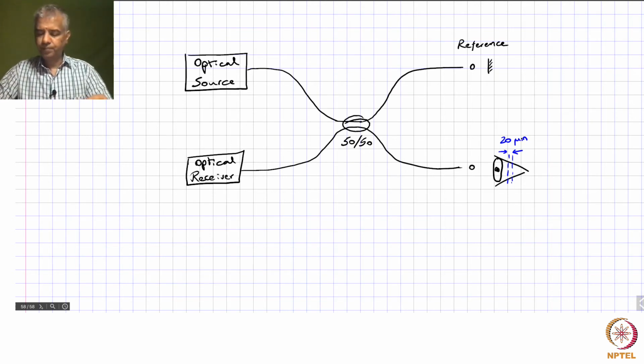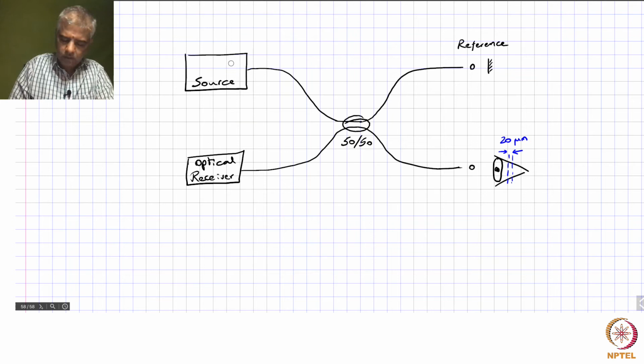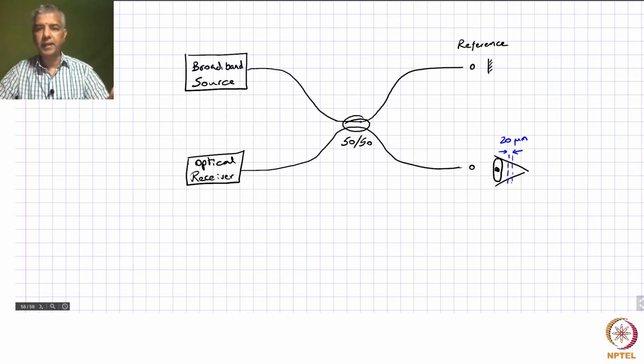And this is a perfect application for low coherence radiation. So in fact, instead of just any generic optical source, I would say this is a broadband light source, okay, like an LED, right?